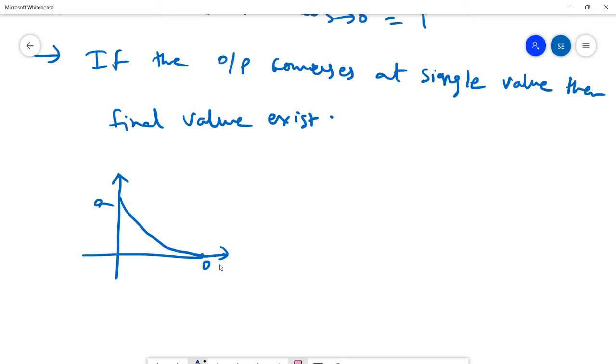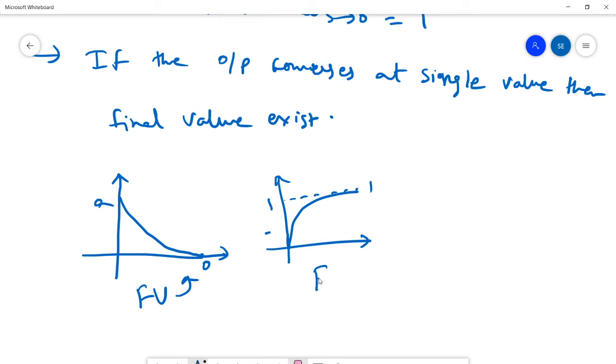That means it is converging to a single value, so the final value exists for this system. Similarly, if you have this kind of response, say a unit step response, it is converging to 1. So for this kind of response also, you get a final value.